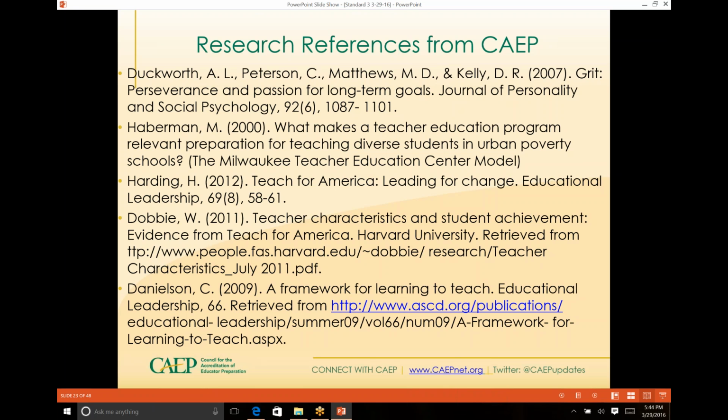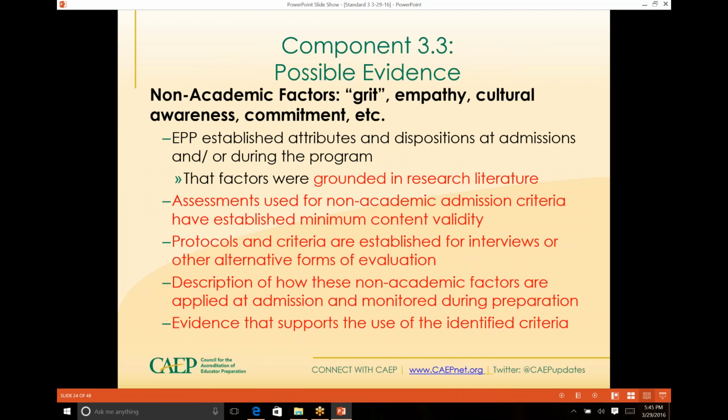And then, of course, Danielson's framework for learning to teach, which also has some additional dimensions to it. I've had people ask about using the INTASC dispositions associated with the INTASC standards, and I say certainly all of those are logical places to derive additional factors beyond GPA, and plausible sources of evidence.